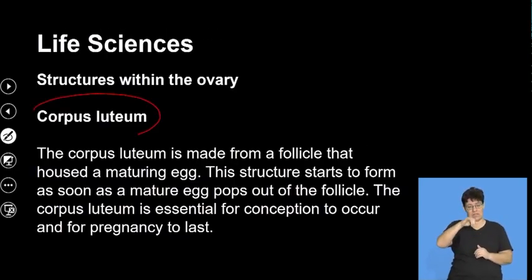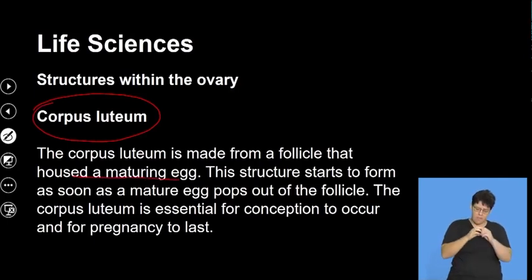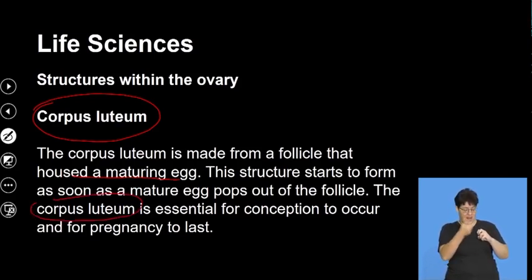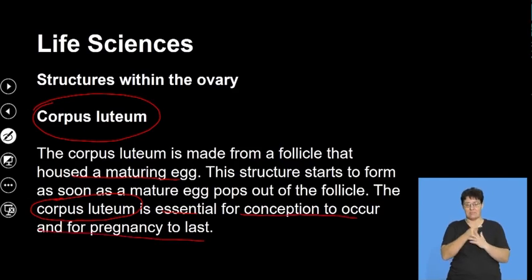The graafian follicle houses the mature egg, and once that egg has been released from the graafian follicle, what is left is the corpus luteum. This is the structure that is essential for conception to occur and to maintain pregnancy, because it produces an important hormone called progesterone.